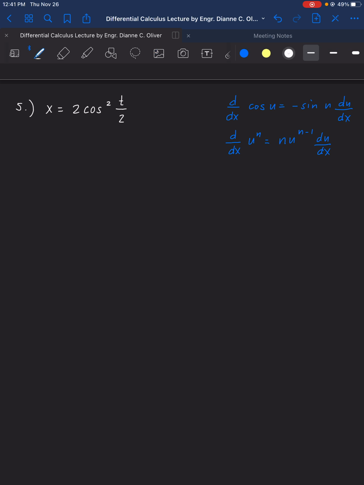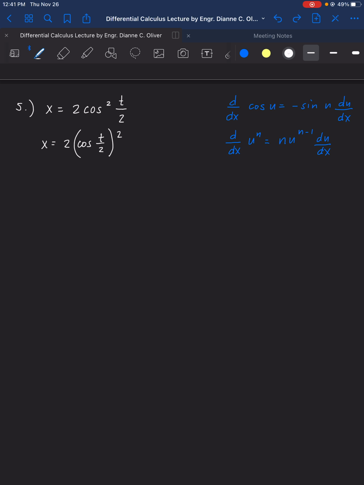So let's find the derivative. We can write this equation as x is equal to 2 cosine t over 2 squared. So this is similar to the given equation there.